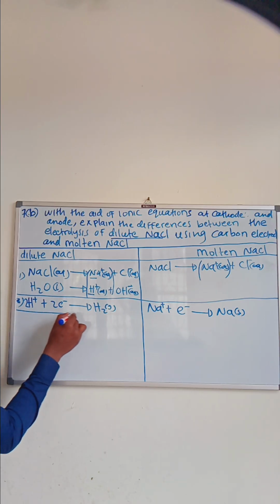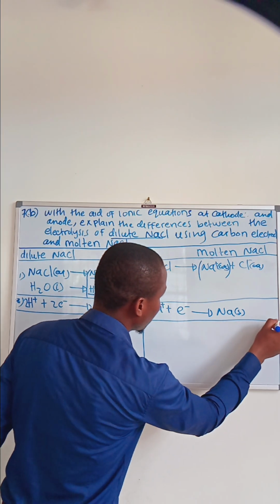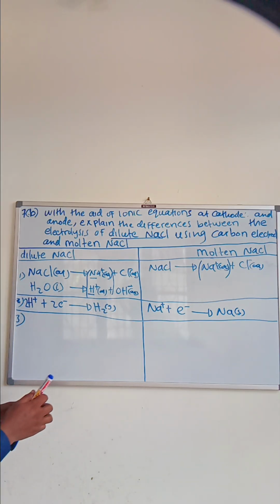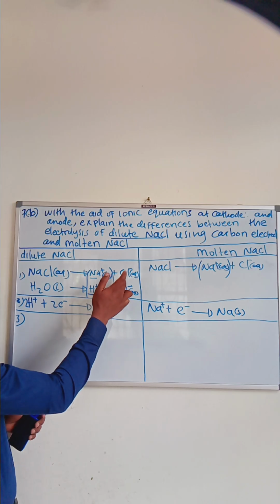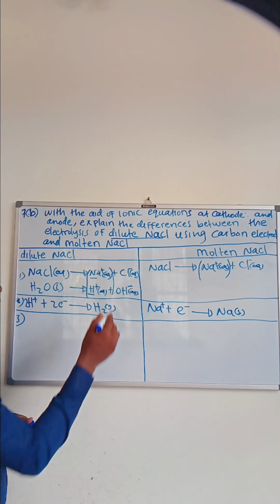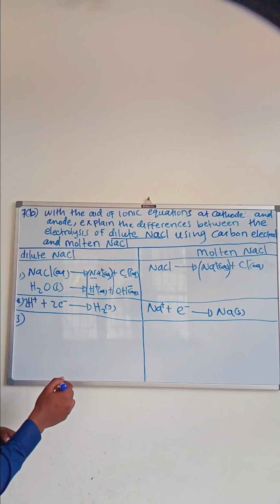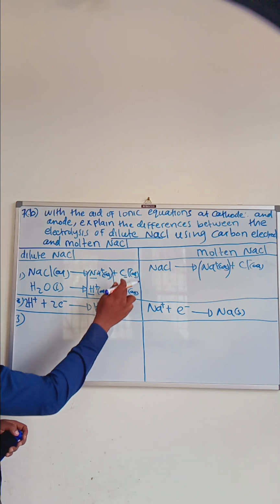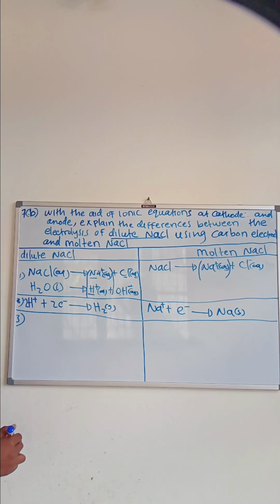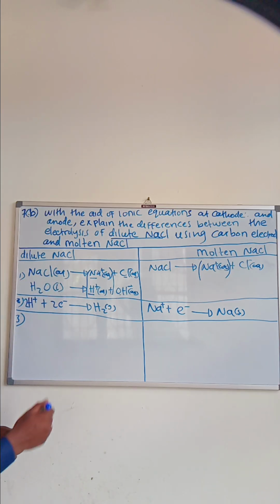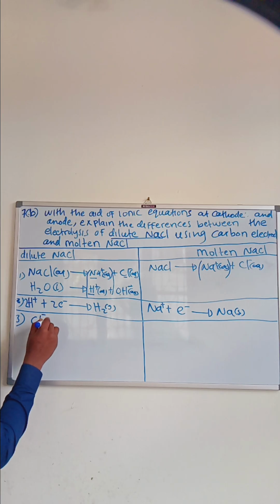Difference number three. At the anode for dilute sodium chloride, we have chloride and hydroxide. So chloride and hydroxide move towards the anode for dilute sodium chloride.